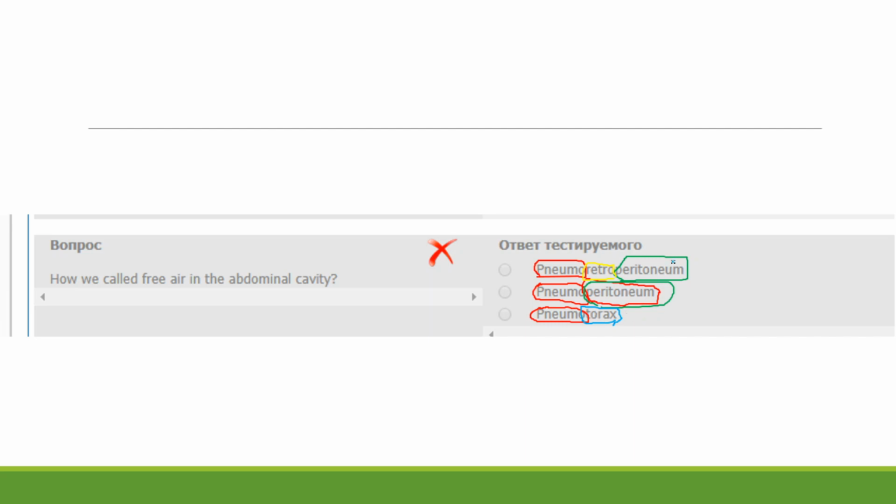If we talk about pneumoperitoneum, it is air in the abdominal cavity. If we talk about pneumoretroperitoneum, it is air in the retroperitoneum.